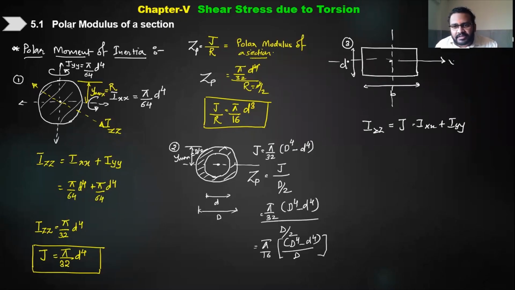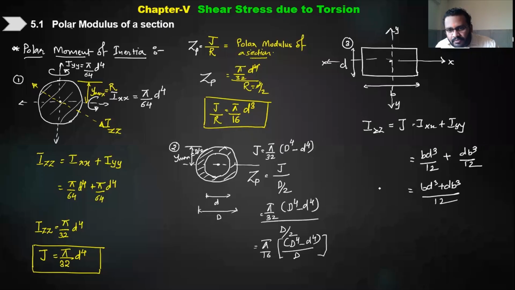If I say this is my XX axis and if I say this is my YY axis, then what is moment of inertia about XX axis? It will be BD cube by 12, right? And about YY axis it will be DB cube by 12. Add it, you will get BD cube plus DB cube divided by 12. This is your polar moment of inertia J for rectangular section.